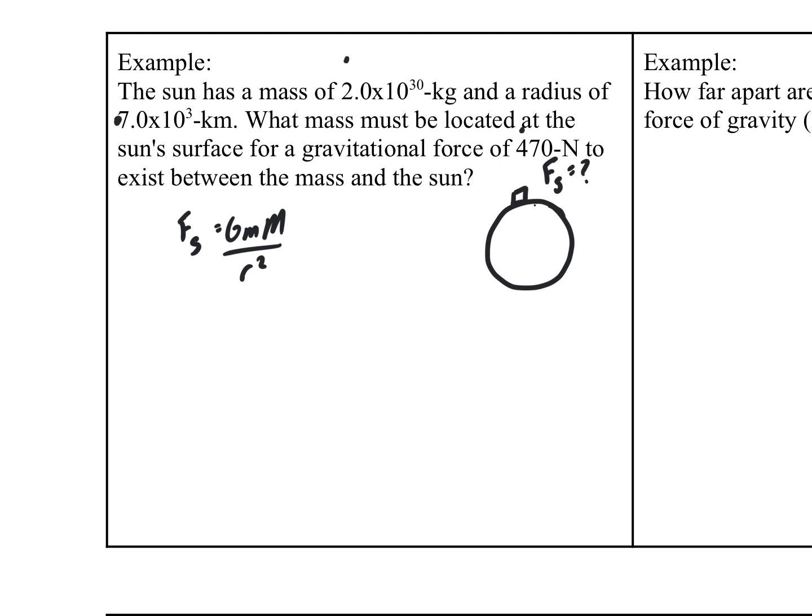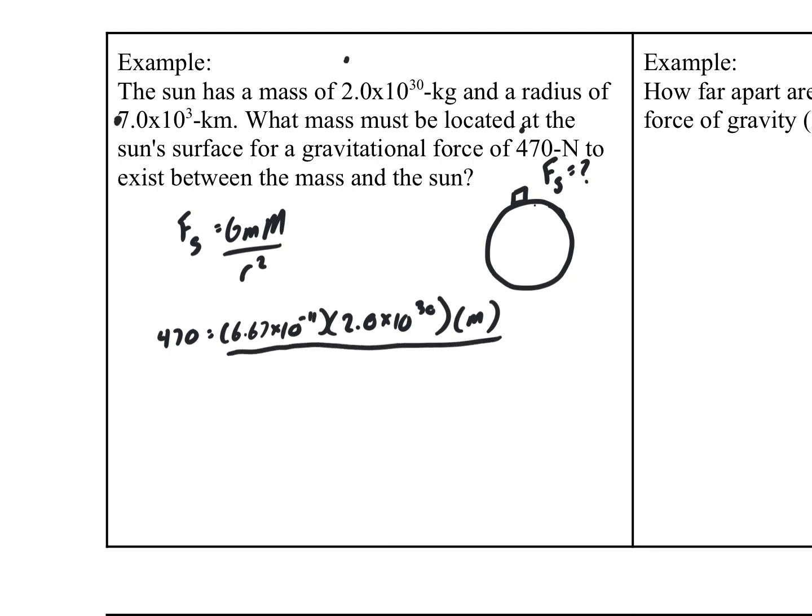So I'm going to go ahead and plug everything in here. Looks like Fg is 470. The big G is that 6.67 number. Looks like I have the two masses, so I'm going to use my big M here as the 2.0 times 10 to the 30 kilograms, the mass of the sun, and looking for that little mass, what is on the surface of the sun.